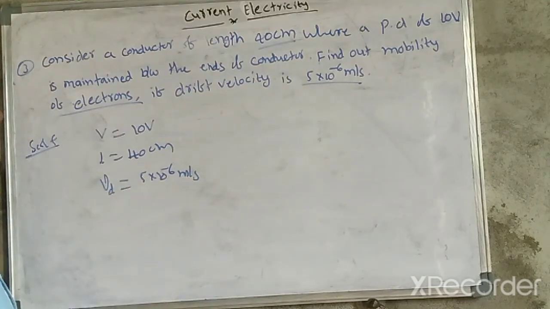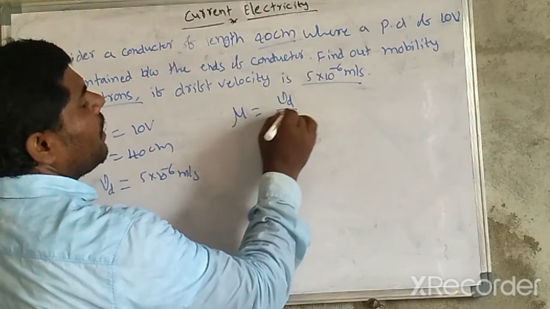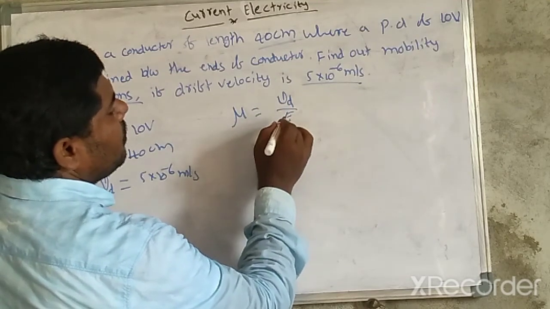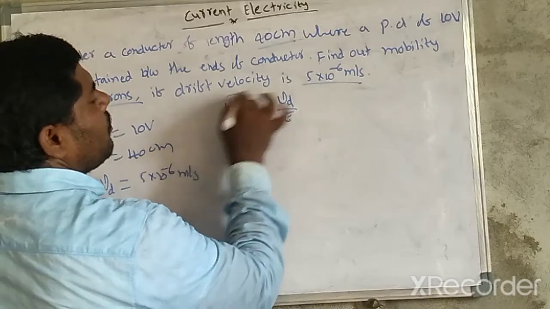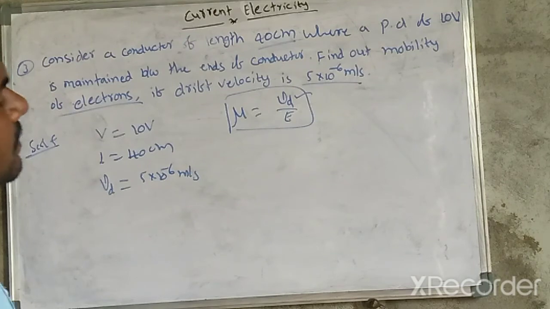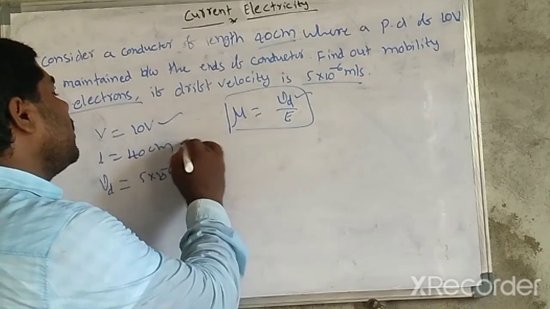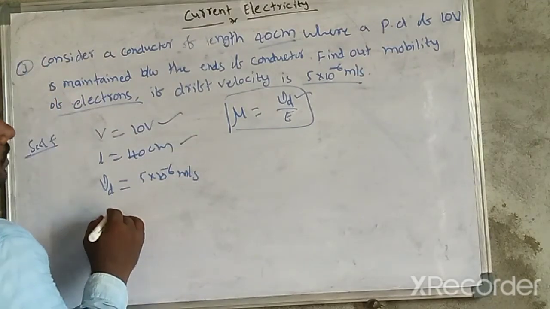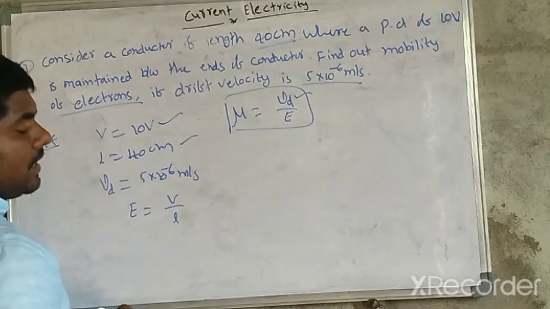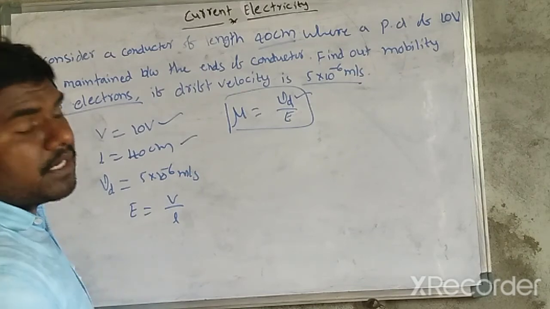First of all, you may find the electric field, because your mobility is equal to Vd by E. The drift velocity value we know, 5 into 10 to the power minus 6. The electric field value we don't know. Electric field we can find from potential and length. Potential difference V is equal to E into d, where d is nothing but the length of the wire.